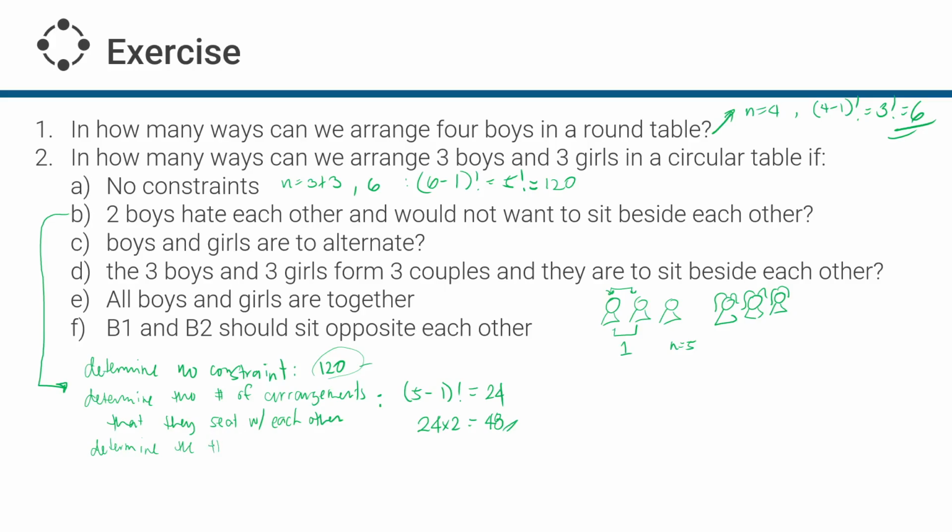So we have 120 minus 48 equals 72. Okay, makes sense? So we have 72 ways to arrange these two boys not sitting with each other.